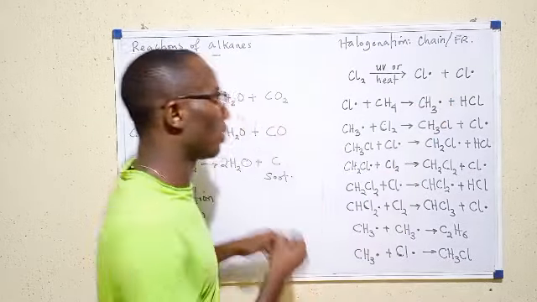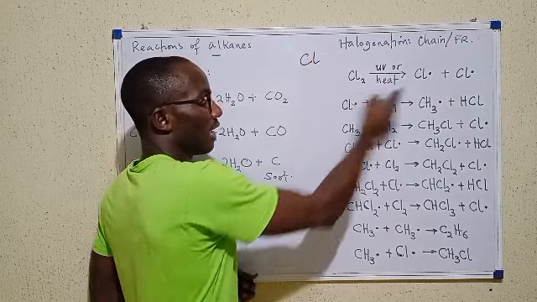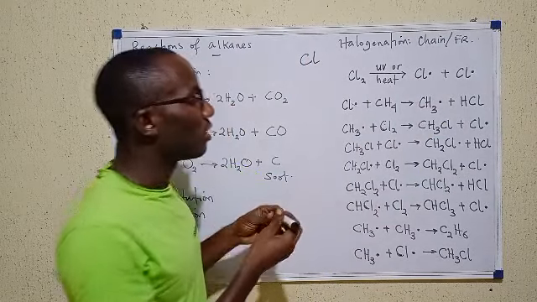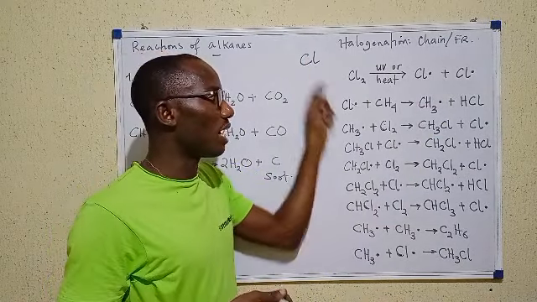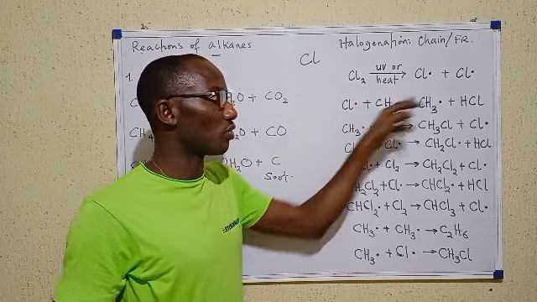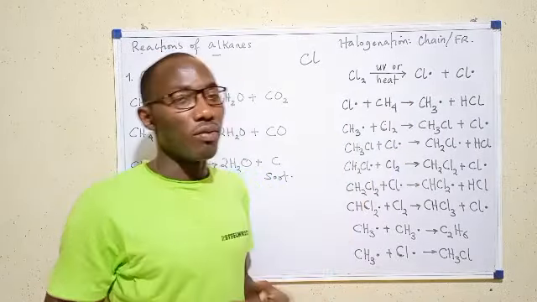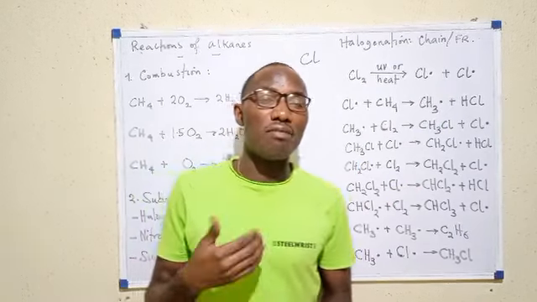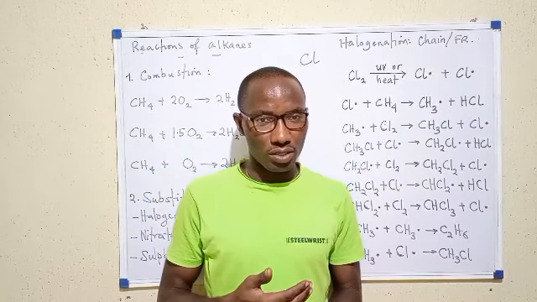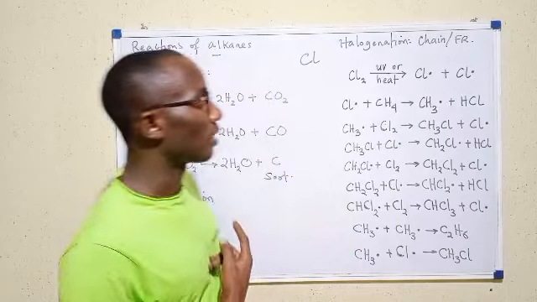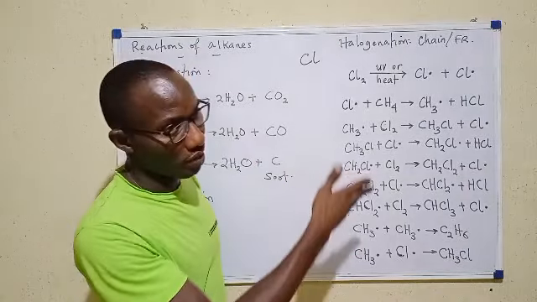So the difference between Cl and Cl dot is Cl is a chlorine atom, but Cl dot, as you are seeing it here, is a chlorine radical. Radicals or free radicals are very highly reactive species. So this reaction is one that involves free radicals.